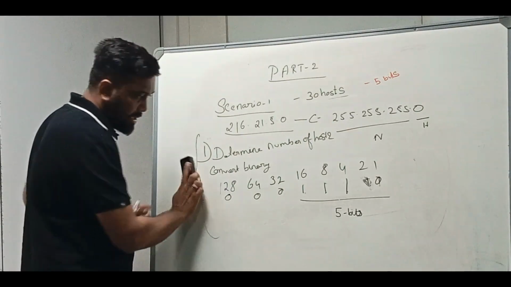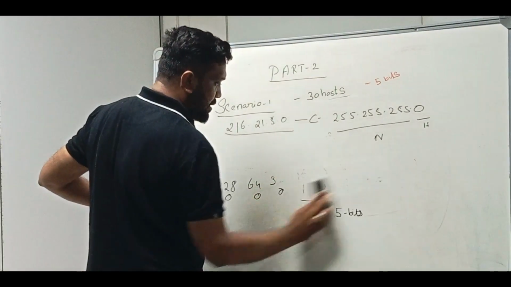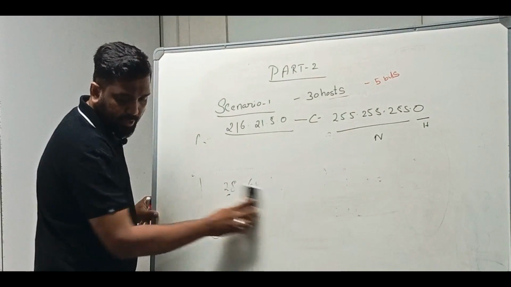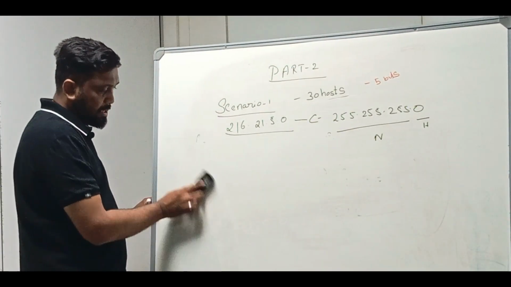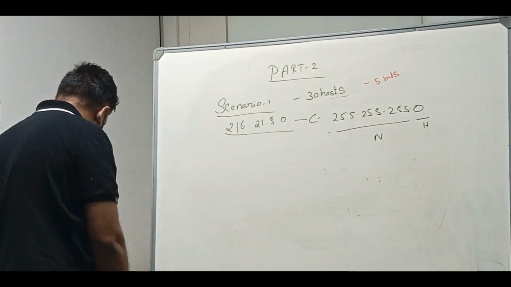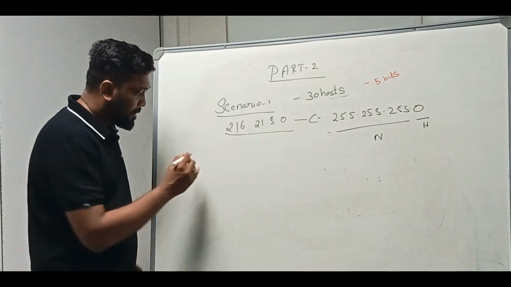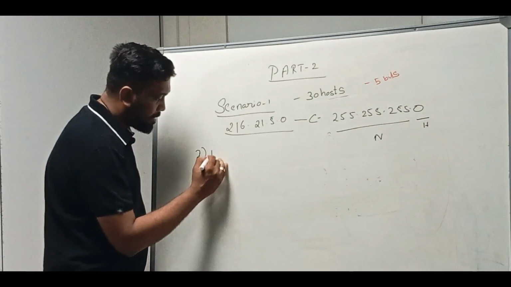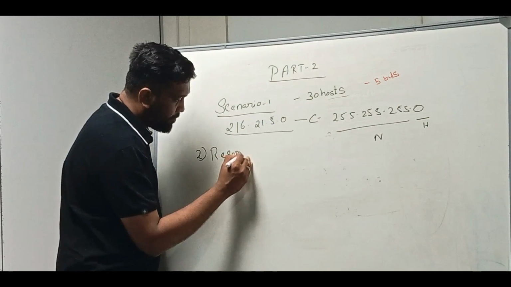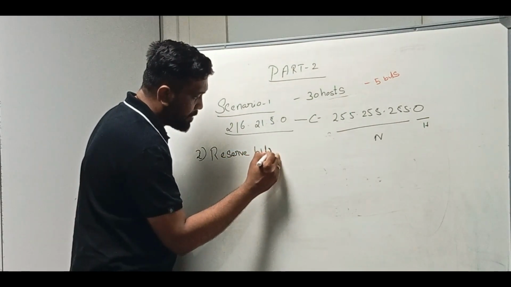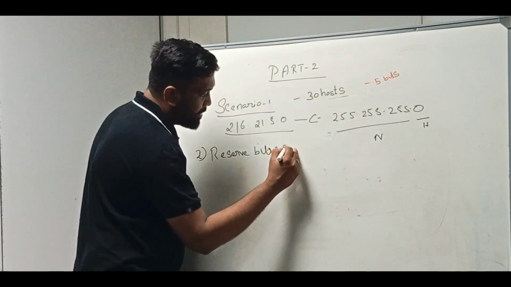Now let us reserve the bits and find the increment value. Second step: reserve bits and find the increment value.